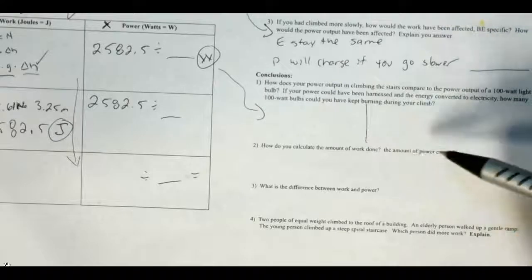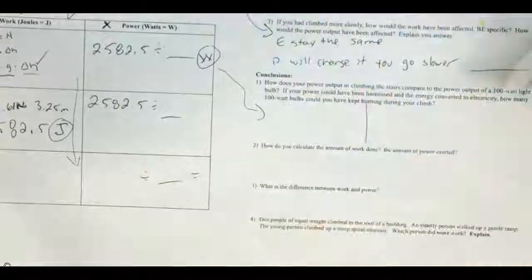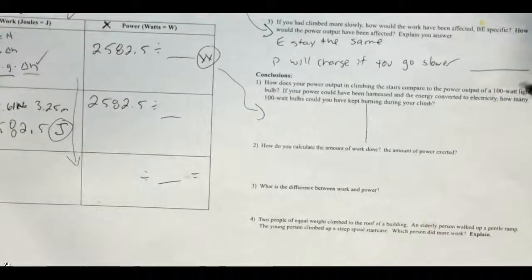Calculate how much work is done and how much power is exerted. So just basically tell me what you did over here. What's the difference between work and power? One of them has a time component, one of them doesn't. So that's really the biggest thing between work and power, or energy and power. One has to have time inside of it.